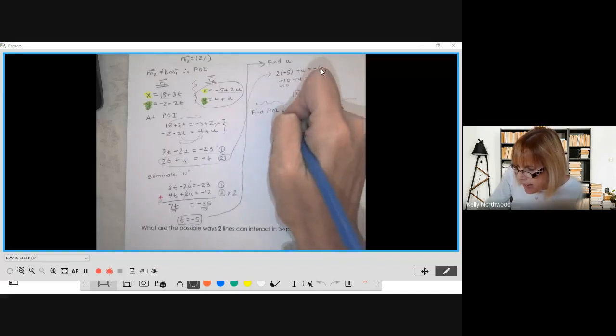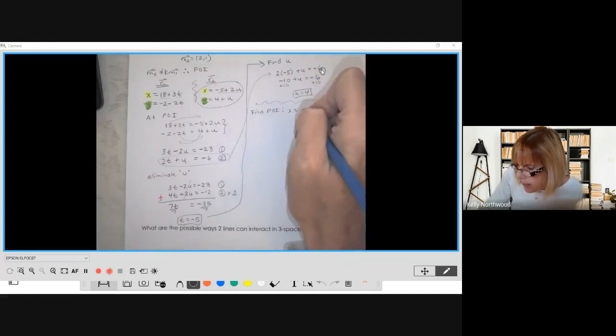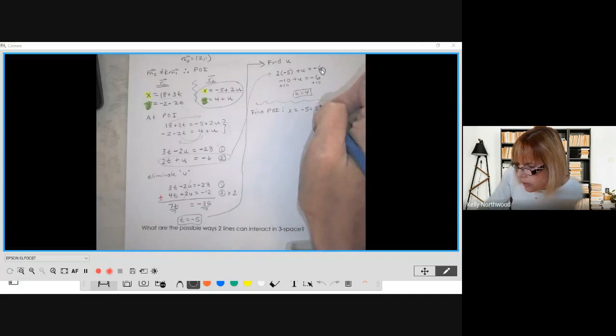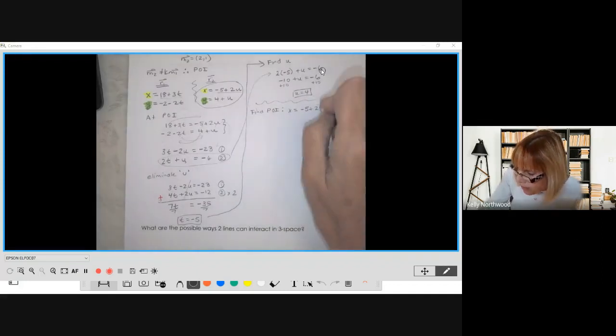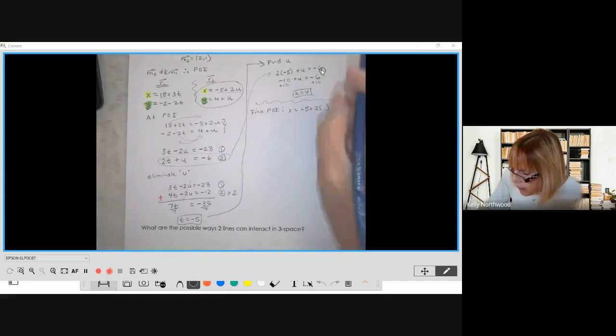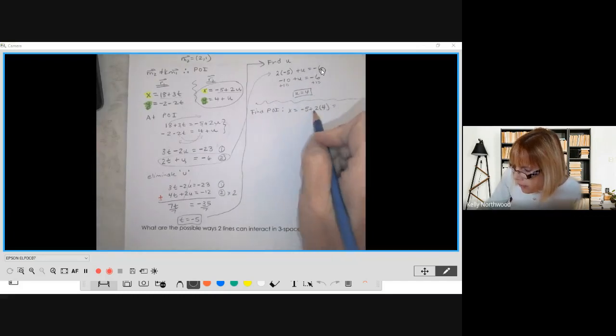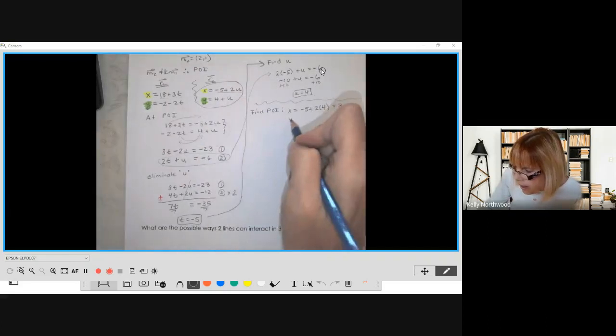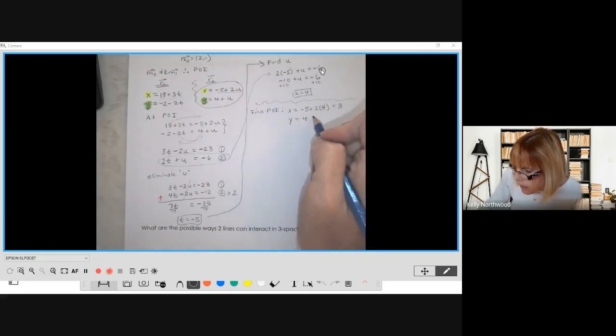So I might use my u parametrics to find my point of intersection. In that case, x would be -5 plus 2 times our value of u, which is 8. Sorry, which is 4. I was already multiplying in my head here. And -5 plus 8 is 3. And then y would be 4 plus u, but u is 4 also.